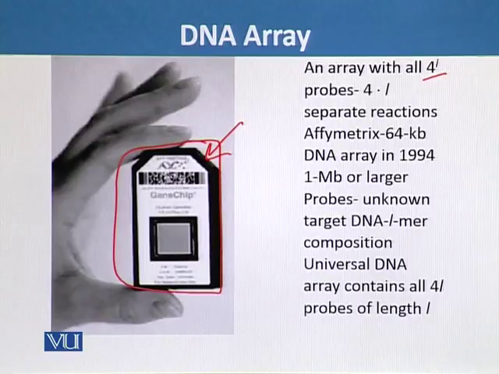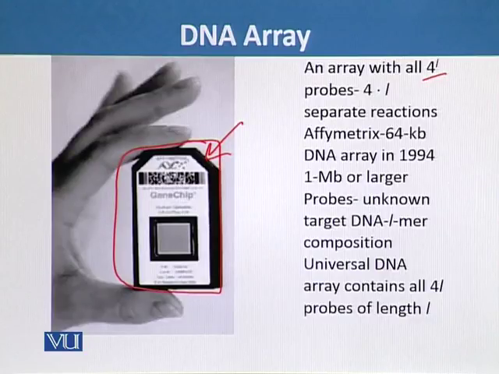Sequencing by hybridization relies on the hybridization of target fragments against a very large array of short probes. In this manner, probes can be used to test the unknown target DNA to determine its L-mer composition. The L-mer composition of a string is simply the set of all L-mers present in that string.